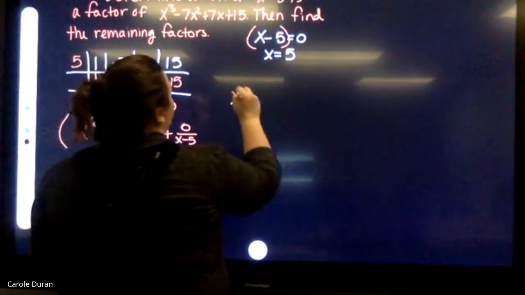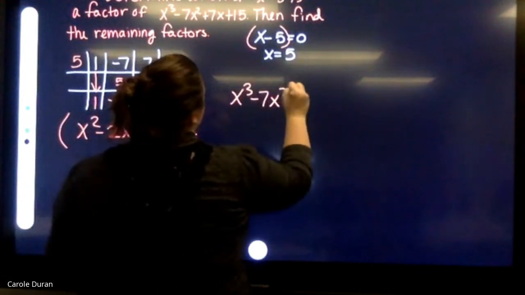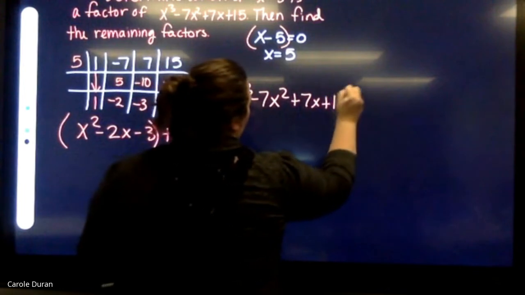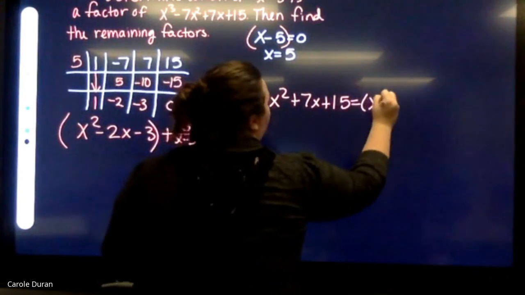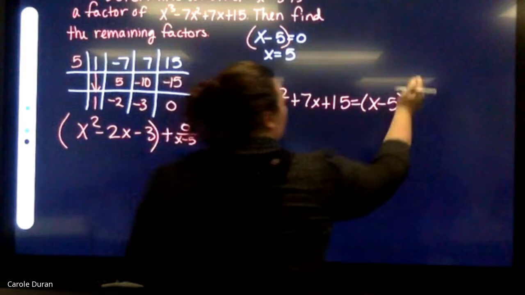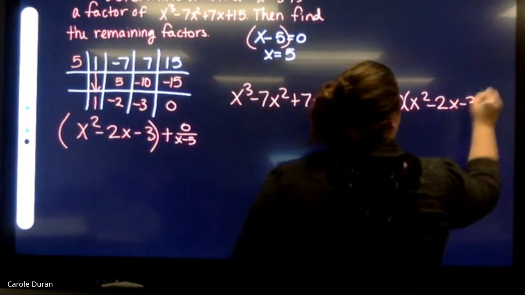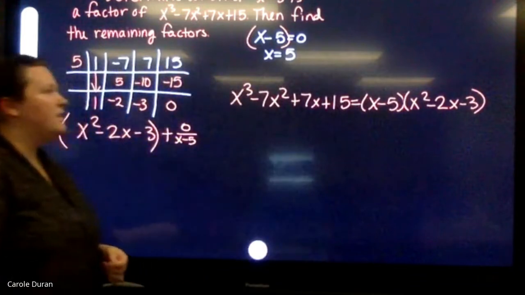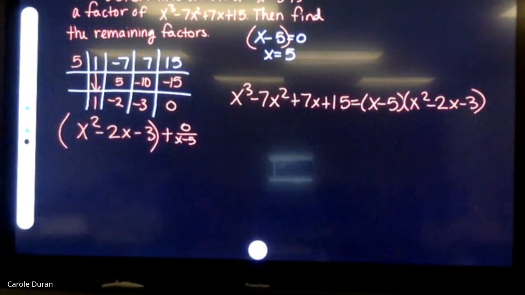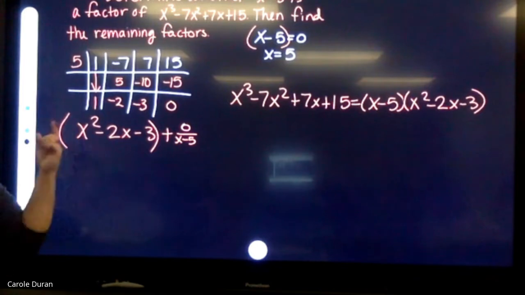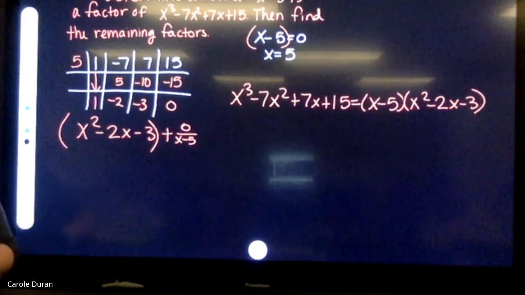So I just like to rewrite the polynomial. And then that equals what I divided out times what I had left. So x cubed minus 7x squared plus 7x plus 15 equals the x minus 5 I divided out times the x squared minus 2x minus 3. That was the quotient that I had left after the division process.